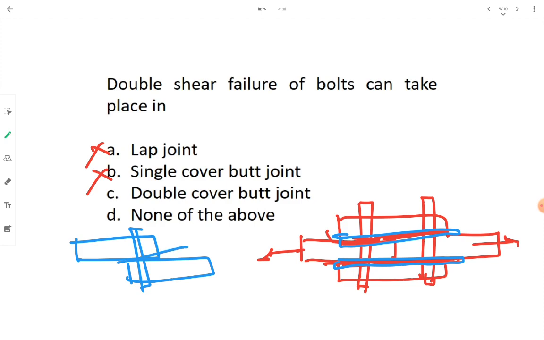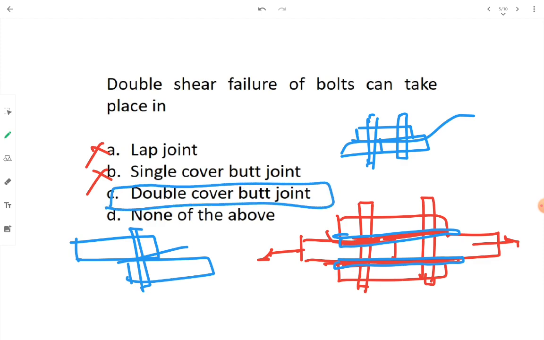In the single cover butt joint, with this cover plate, the shear failure plane was one. But in the case of the double cover butt joint, there are two planes that can make the bolt fail in shear: plane number 1 and plane number 2. So let's go to the next question with this.